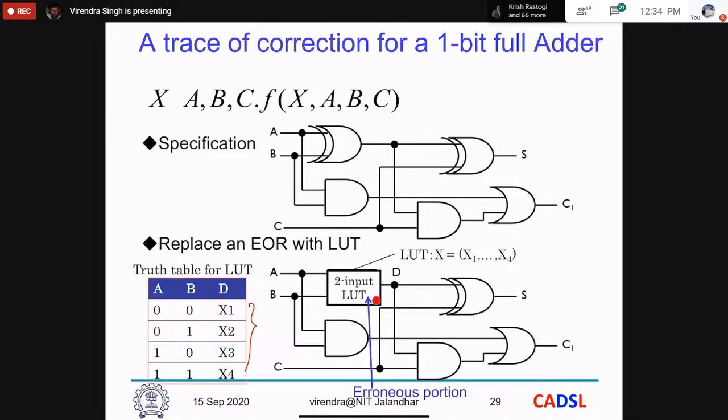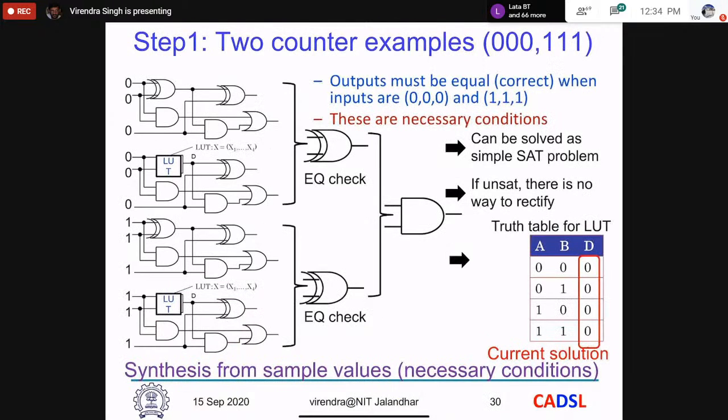Now I have to find two sets of inputs wherein one output is correct and the other output is incorrect. One set of input is this set 0 0 0, and this one is 0 0 0. Both are giving me the correct output.